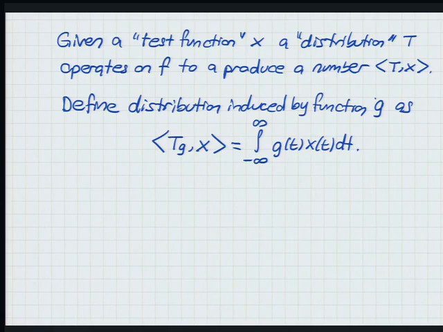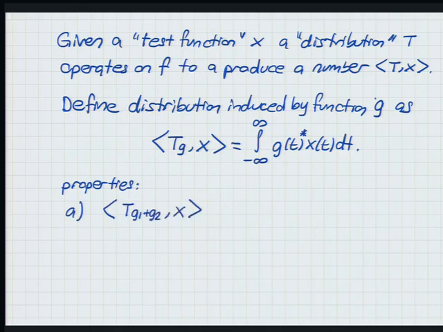All right? If you are more ambitious and want complex numbers, you can put a star here and that still works. Okay? So this definition has two immediate properties. First, just following from this definition, we can conclude that I can take the distribution induced by the sum of two functions, g1 and g2, and guess what this would look like looking at the expression here.